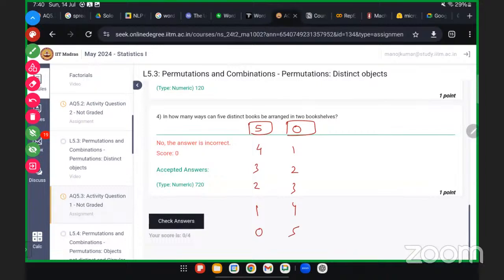Distinct books in 2 cells. So this is 120. So this is definitely n. And I'm adding all the pieces. So plus 24 into 1 plus 6.